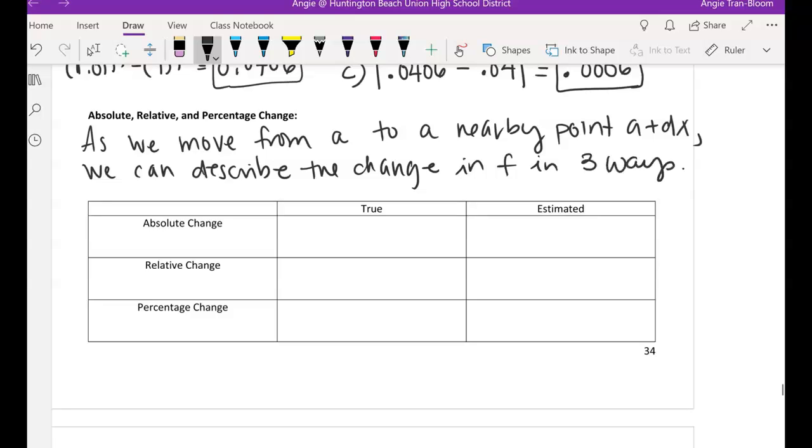Okay, so we have absolute change, so true and estimated.